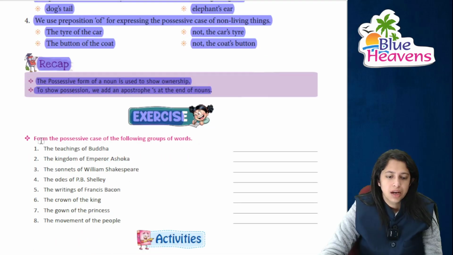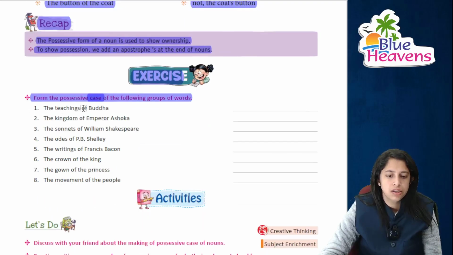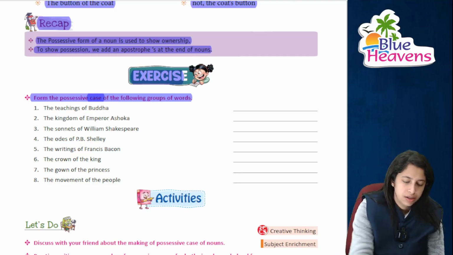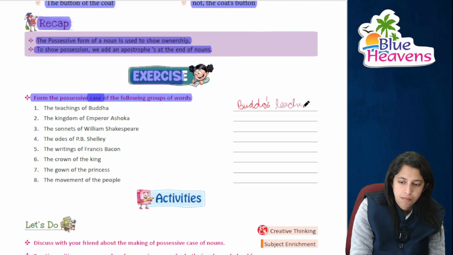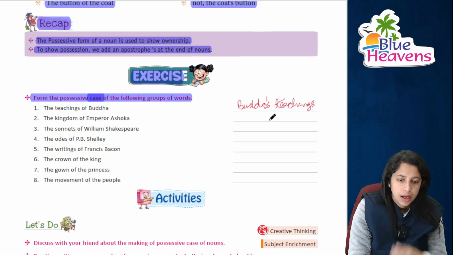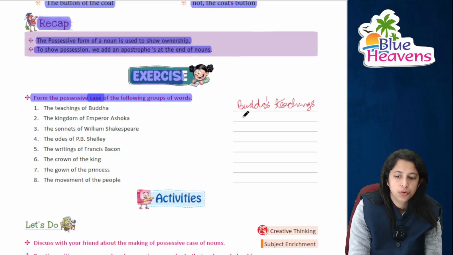Moving on to the exercise, you have to form the possessive case of the following groups of words. The teachings of Buddha, so we can write Buddha's teachings, right? Next is the kingdom of Emperor Ashoka. You can write Emperor Ashoka's kingdom.